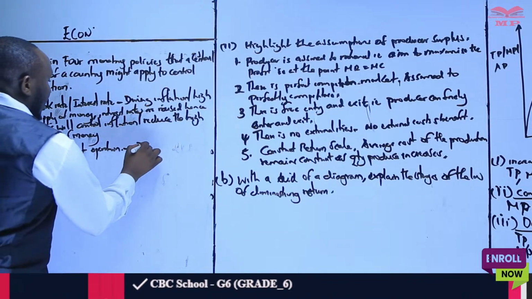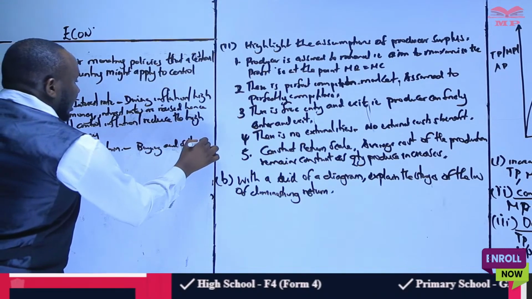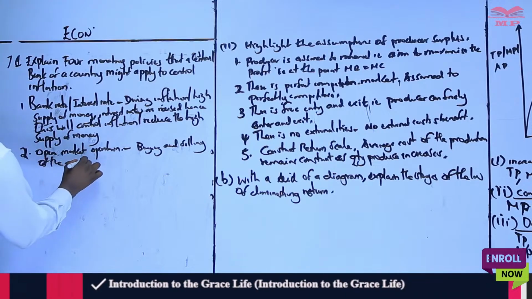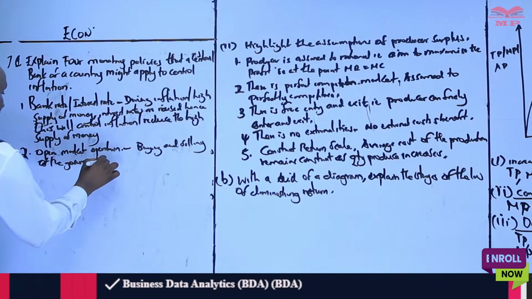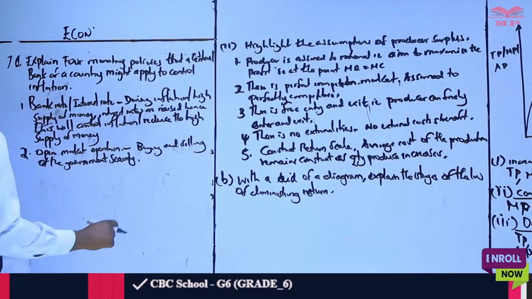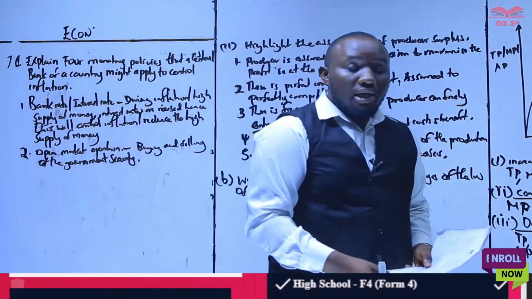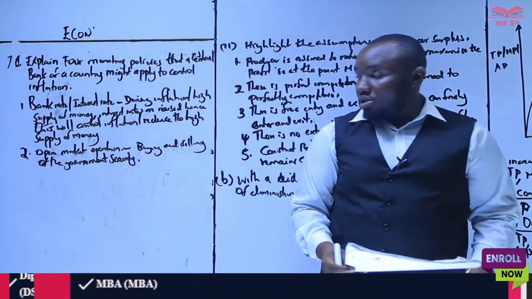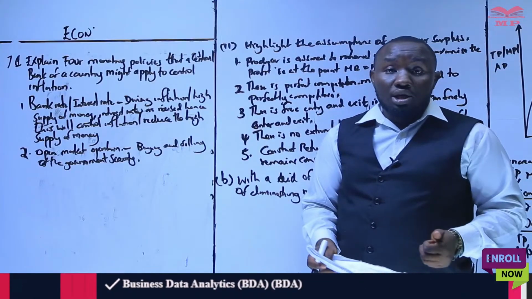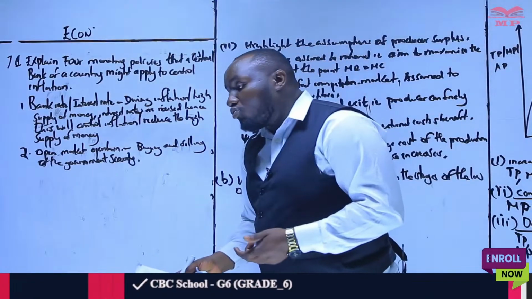This is the buying and selling of government security, particularly treasury bills and bonds. When there's a high supply of money, that is when there's inflation, the government will sell security to the public to reduce the flow of money.